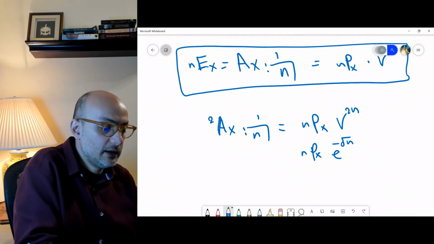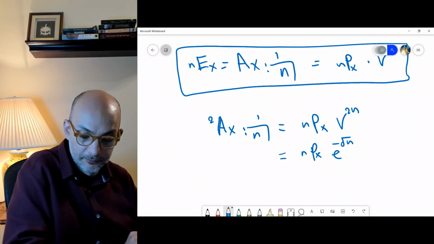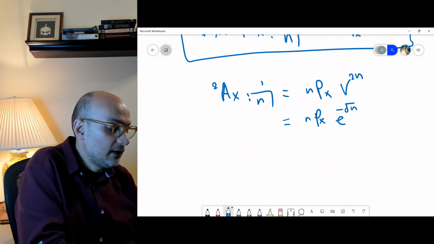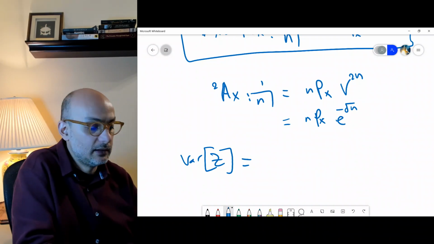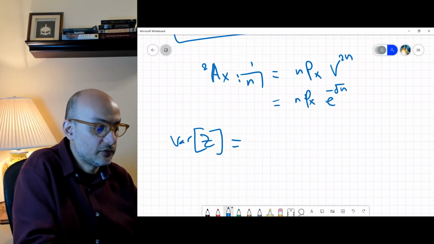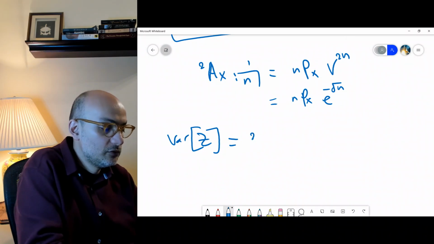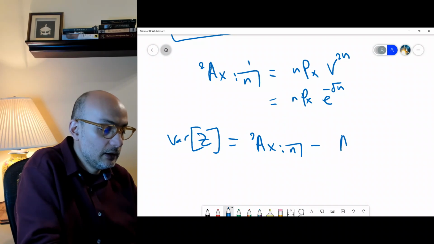You can also remember it this way. Now, how do you calculate the variance? Remember what Z is: payment is paid if the person survives to year end. There are two ways. One is 2A x n minus (A x n) squared.